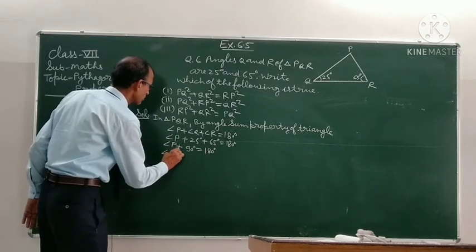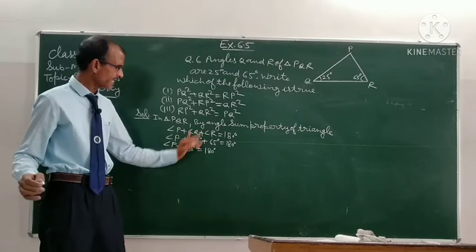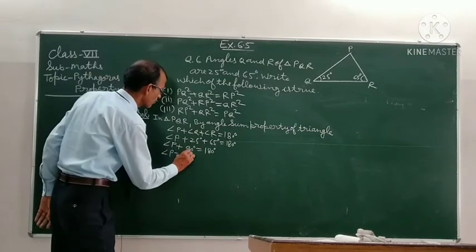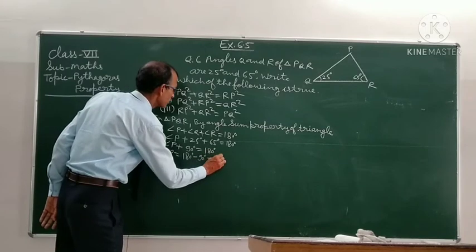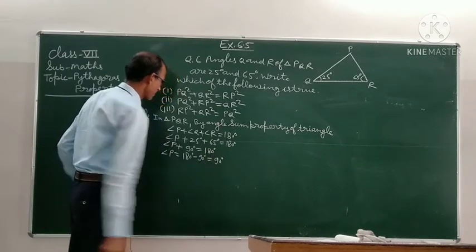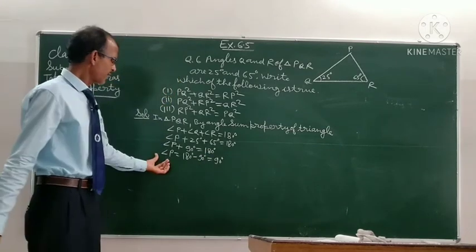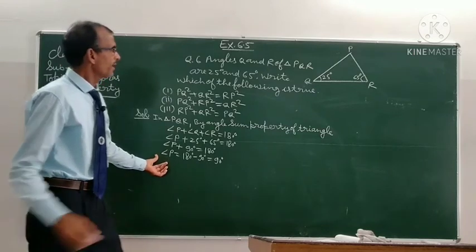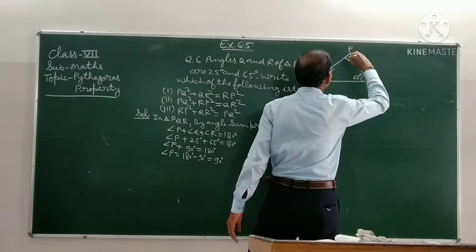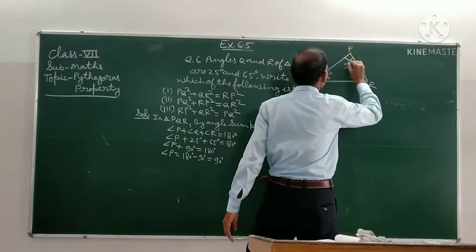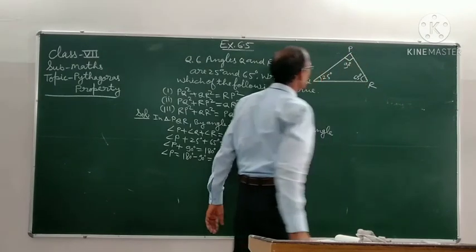Angle P is equal to, transposing 90 degree to right hand side, 180 degree minus 90 degree, is equal to 90 degree. Okay? We find that measure of angle P is 90 degree. This angle is 90 degree.